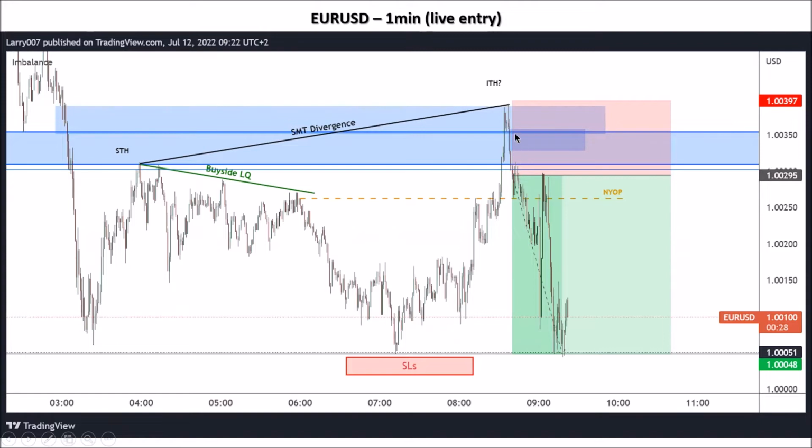I would prefer to wait for this imbalance because you know, it broke the last small low, but it didn't go up until there. So I still enter from this first imbalance right there. Okay.